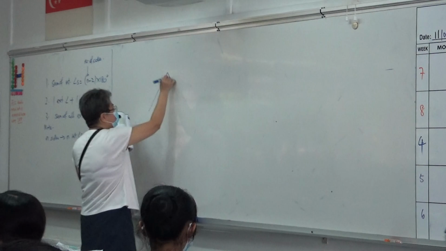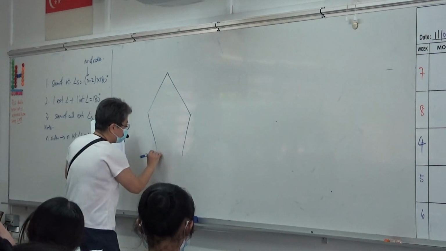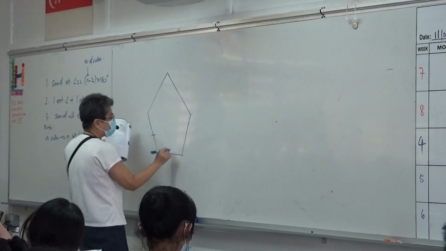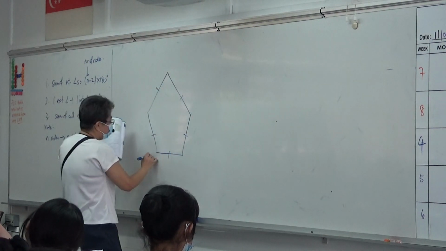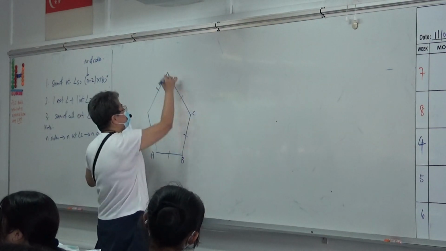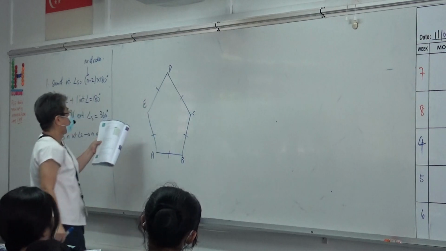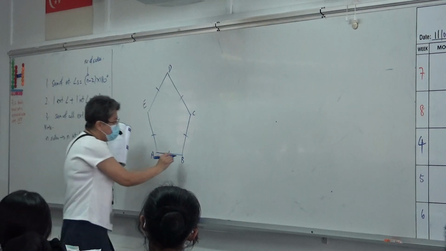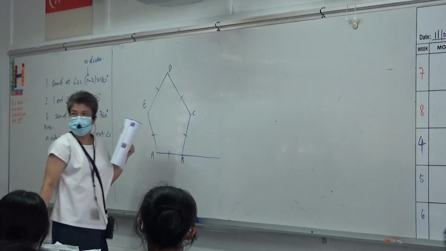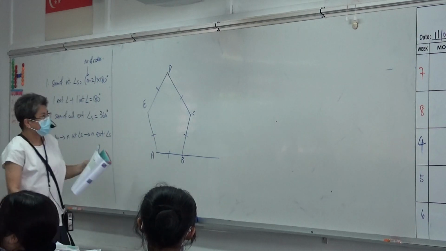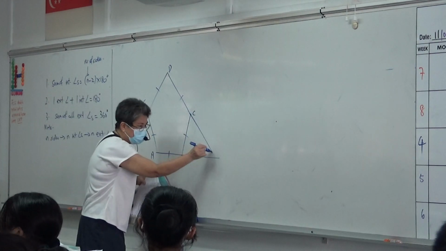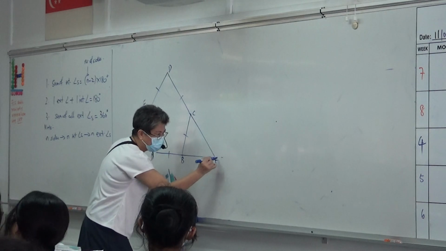Okay, now let me draw a regular pentagon first. Okay, A, B, C, D, E. Alright. They say AB is produced. Produced is lengthen. And what else? DC is produced, lengthen. So do we have what?